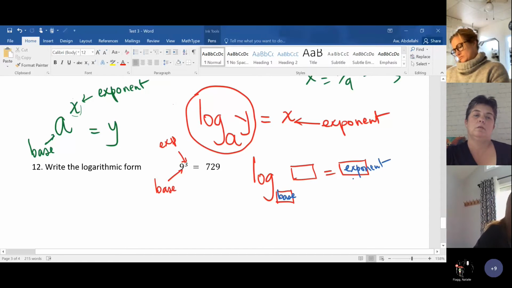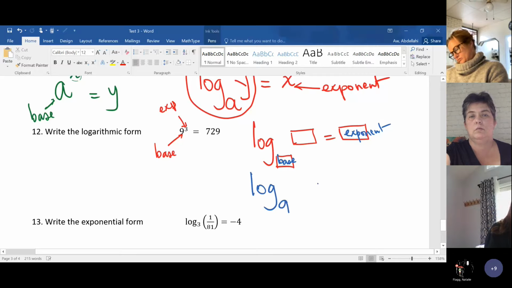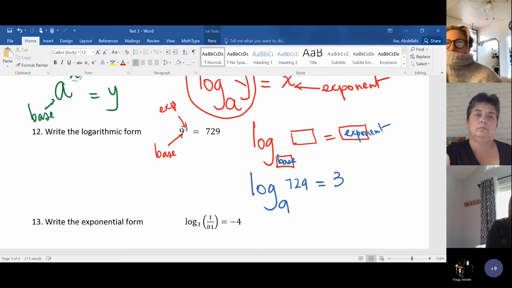So in my exponential expression, the base was 9, so it's going to be log base 9, and the exponent is 3, which goes by itself on the other side. And what goes inside the log? 729. So log base 9 of 729 equals 3. Log is a function that is the inverse process of the exponential.